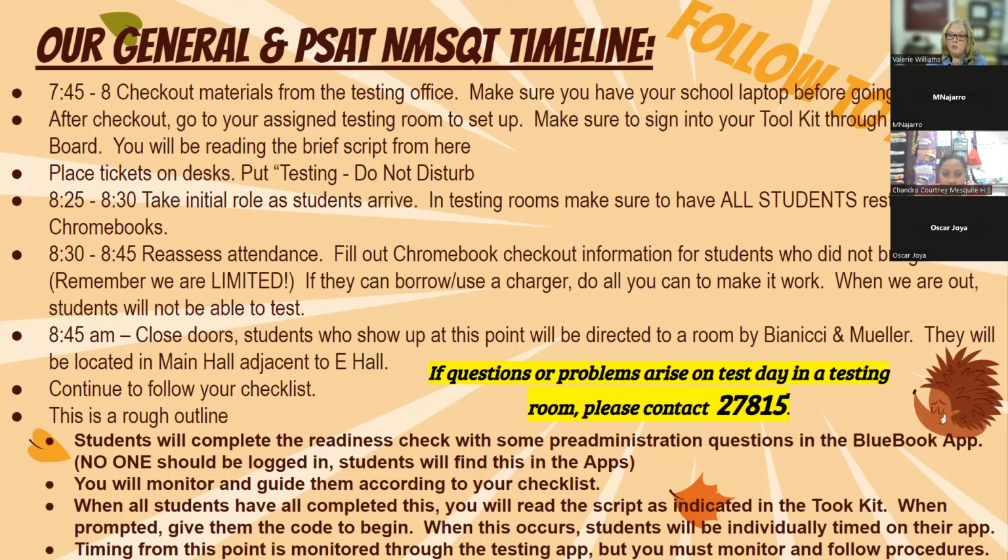And if everybody follows directions, then the timing should be really good. Our hope is that by 9 o'clock at the absolute latest, we've actually given the codes out and kids are starting their real deal test.